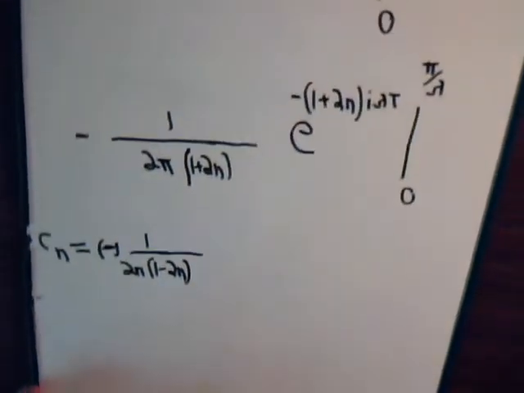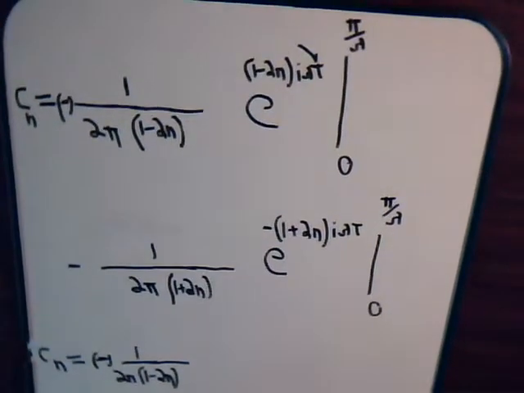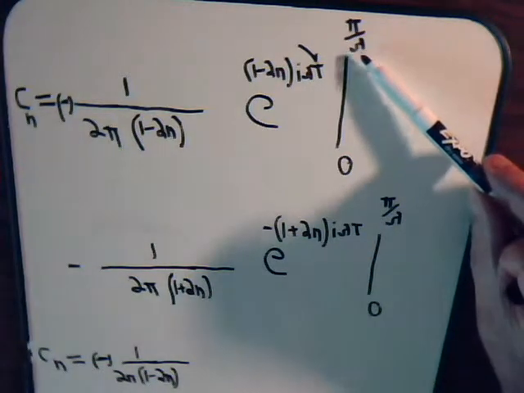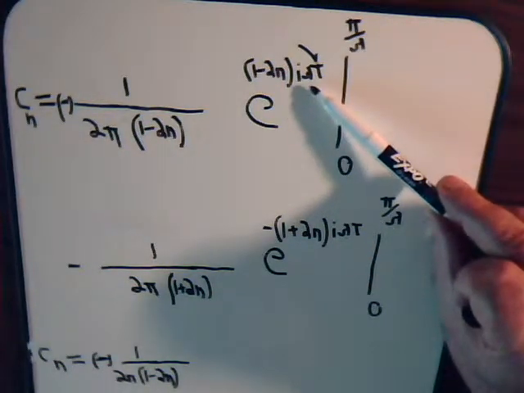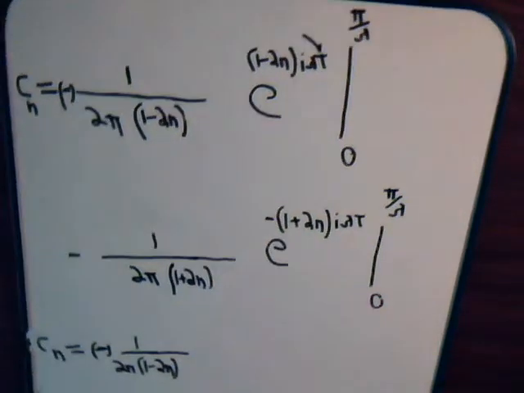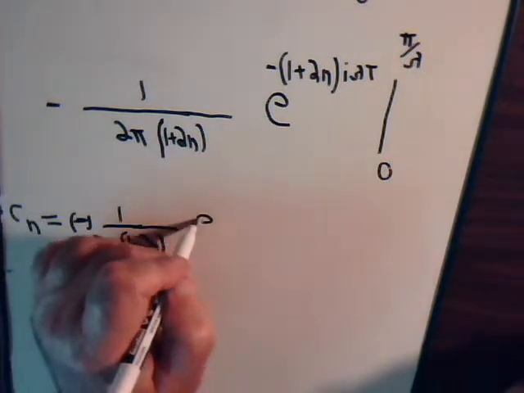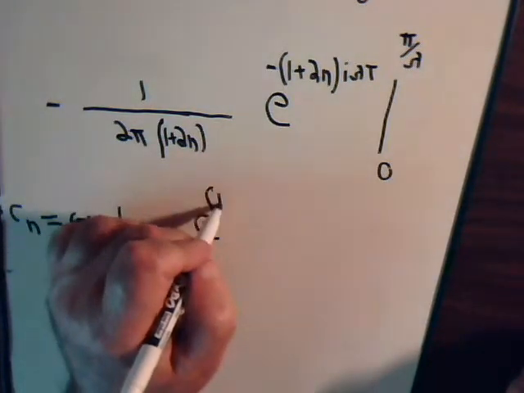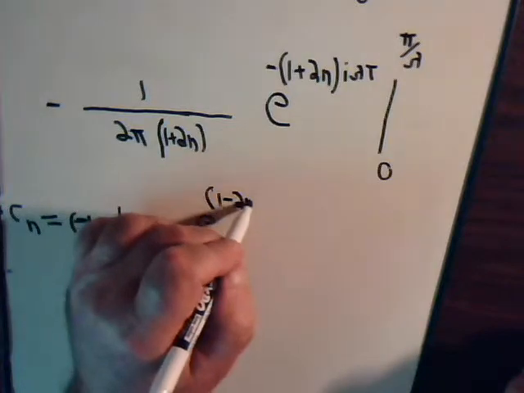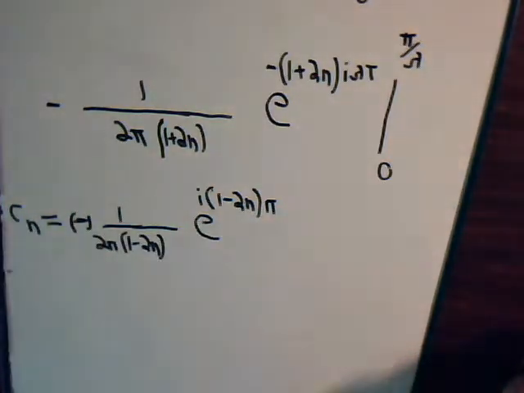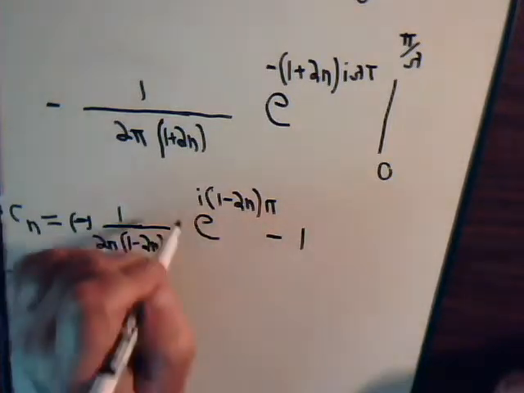Then, from here, we substitute in t equal to pi divided by lambda. This lambda will cancel with that lambda, so we're going to have e to the 1 minus 2n times i. Now here we have pi, and then where t is 0, that'll be e to the 0, which is 1.